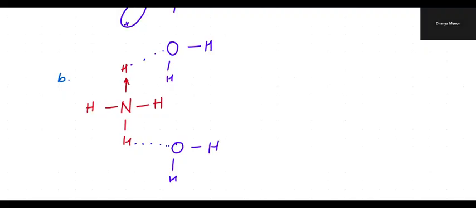So both Na plus and ammonium are soluble in water, but ammonium ion, because it is forming hydrogen bonds with water, forms stronger bonds with water. That is the reason they are more soluble.